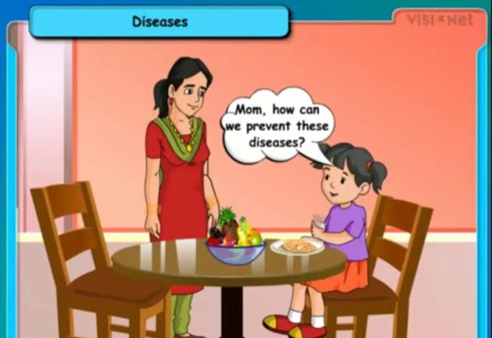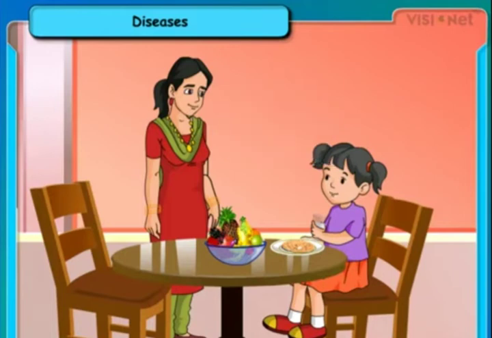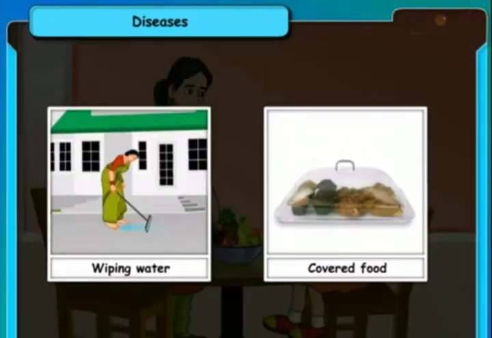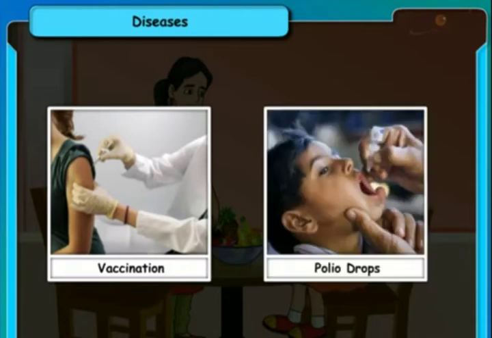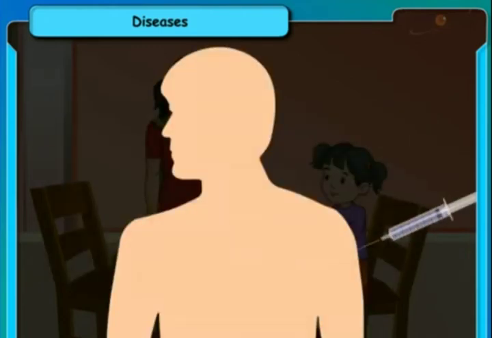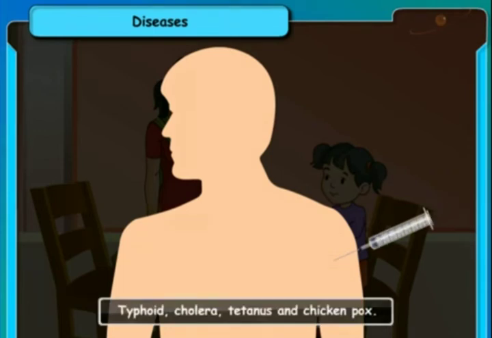Mom, how can we prevent these diseases? Dear, we should not allow these mosquitoes to breed and should always eat covered food. Another way is to get vaccinated in the form of injection or oral drops. We have vaccines against typhoid, cholera, tetanus and chickenpox.